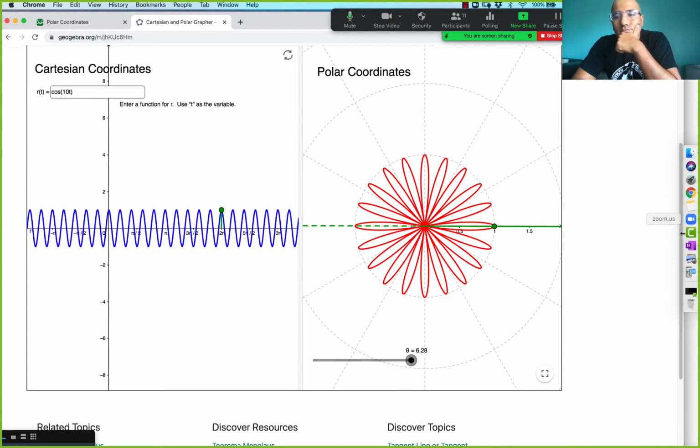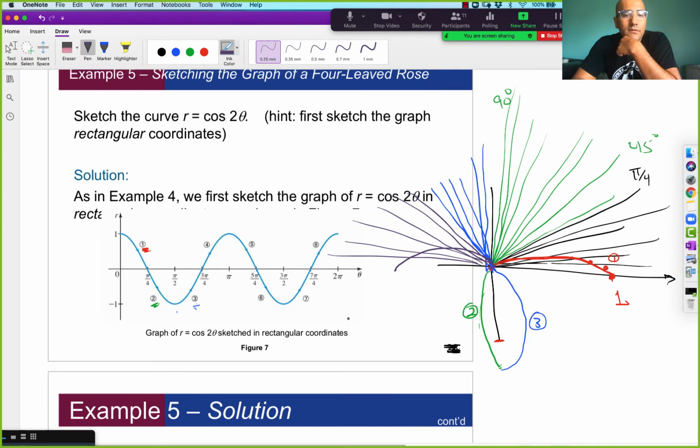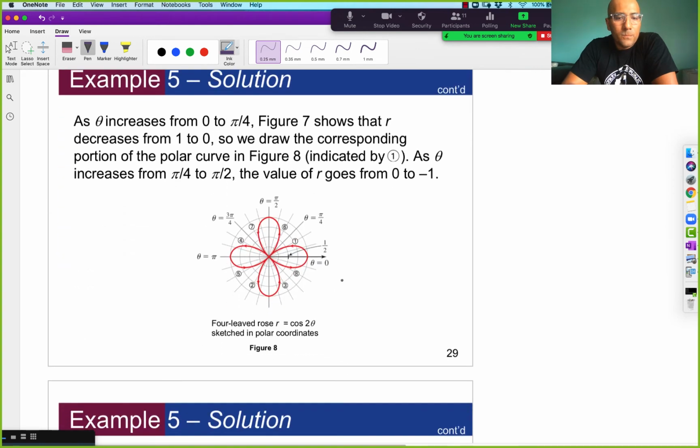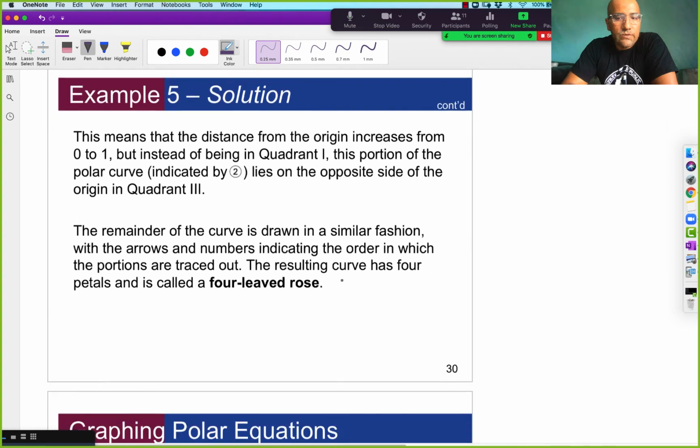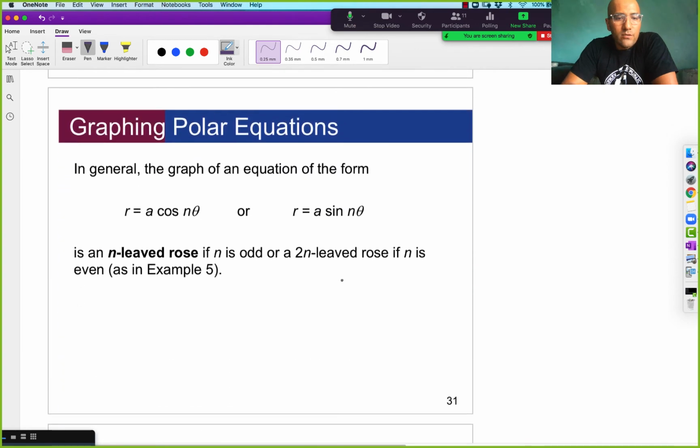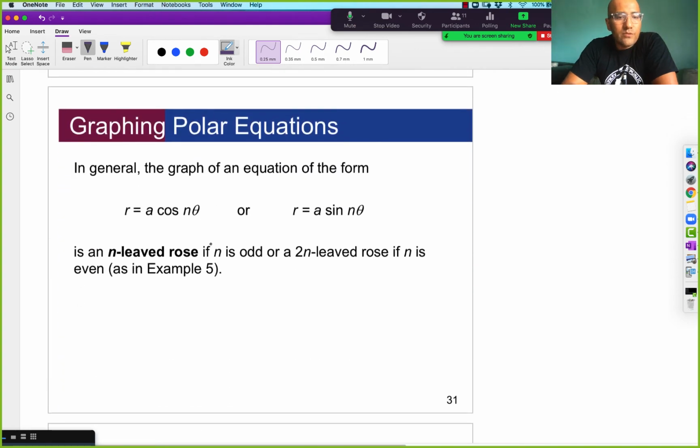So we've established the pattern for things that fit the form cosine 2 theta. Right, so that's what this is just indicating for us. So we have a 4-leaf rose. So these are just roses, and then anything that fits either of these two patterns will be an n-leaf rose.